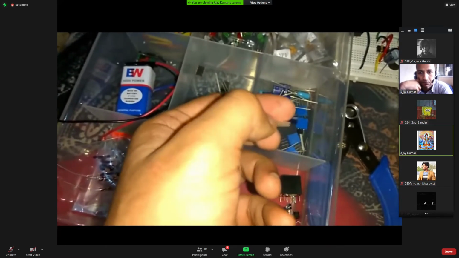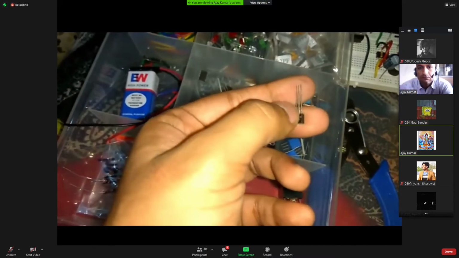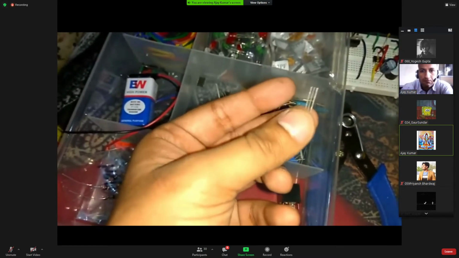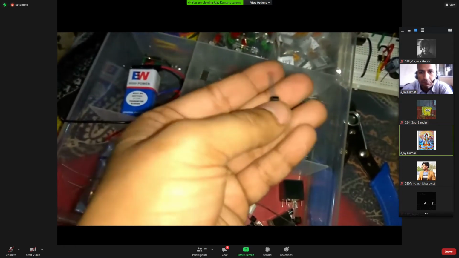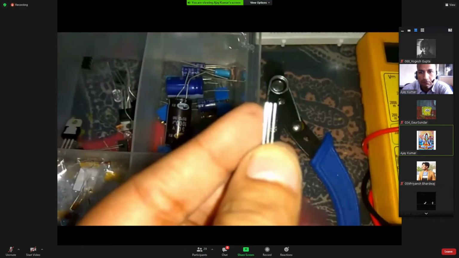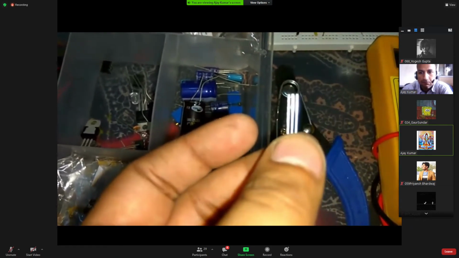As we all know, a transistor has three legs: emitter, base, collector. How to identify? It is very easy. Just hold the transistor like that and start counting from the right-hand side. The first one is collector, the second is base, and the last is emitter. And this is an NPN transistor.